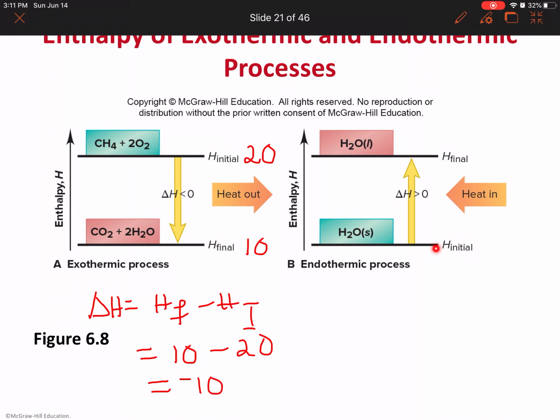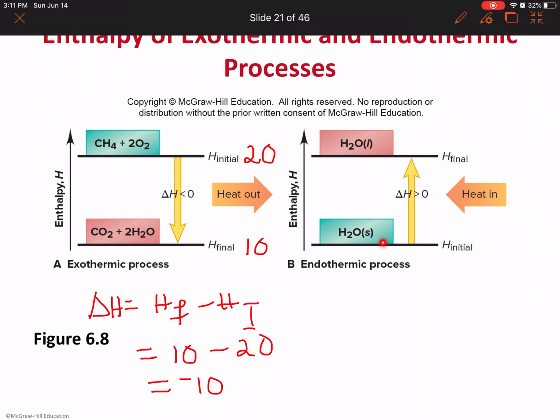And then what about in an endothermic reaction? So for example, here you have solid water. What is solid water? Solid water is basically ice. You keep ice on your table, and what happens after a while? It can melt.